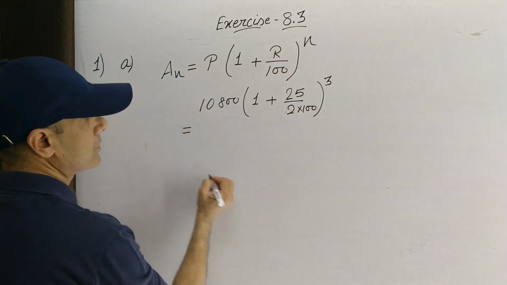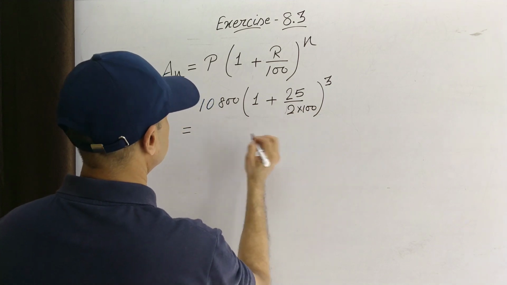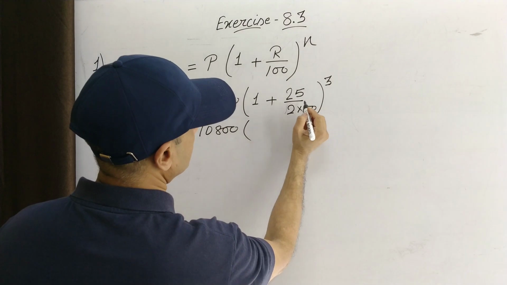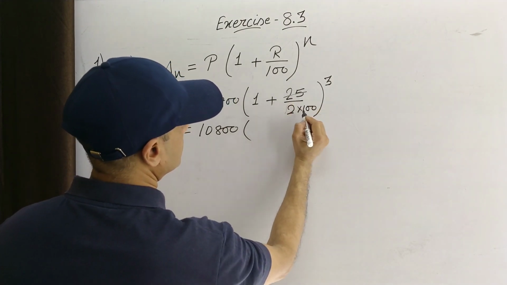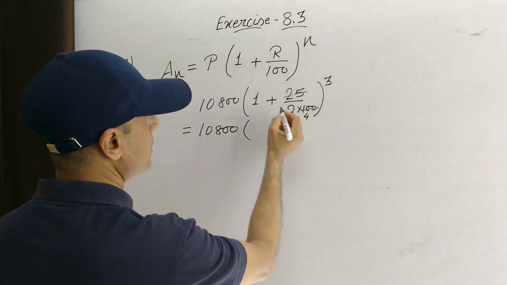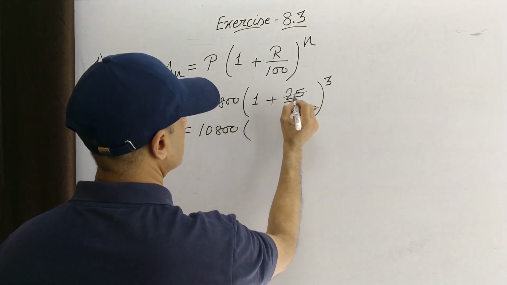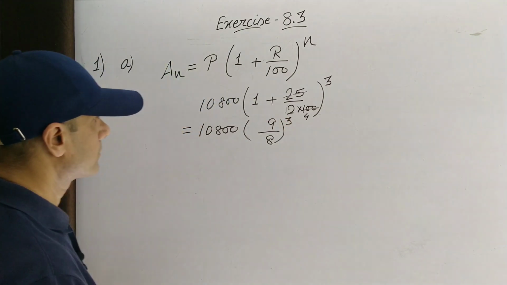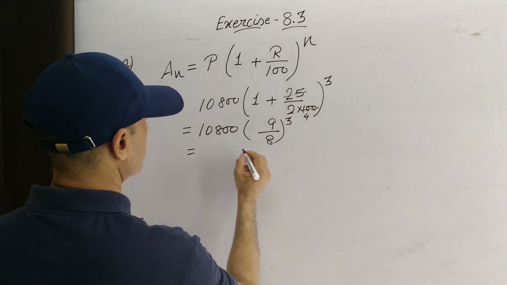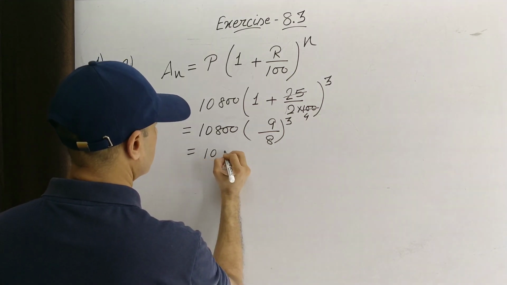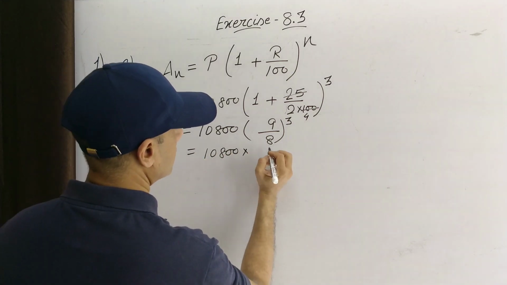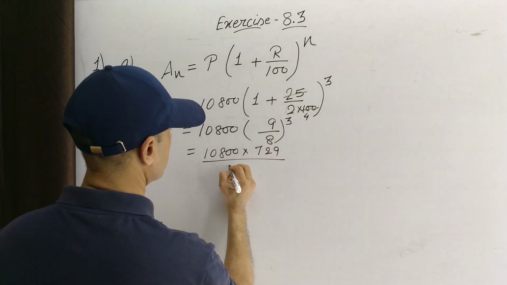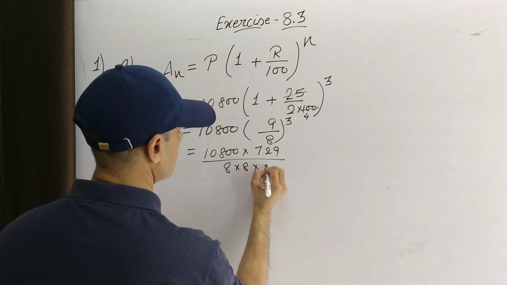So let's solve this. Here we reduce it. This is 4. So we have 8 plus 1, 9 by 8. So we get the value as 9 cube, that is 729, divided by 8 into 8 into 8.